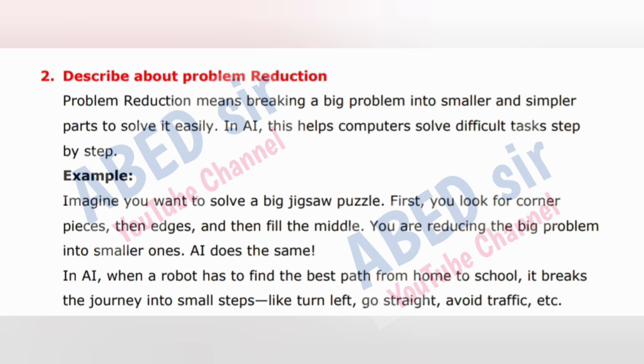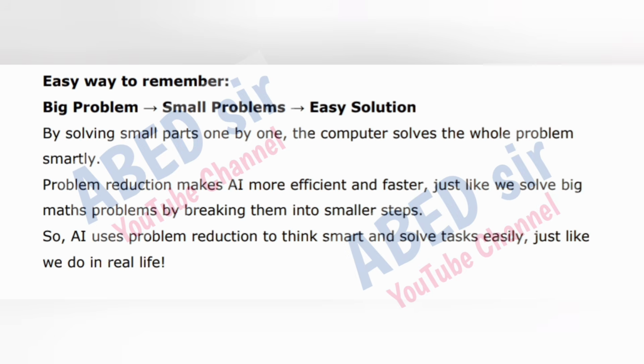AI does the same. In AI, when a robot has to find the best path from home to school, it breaks the journey into small steps like turn left, go straight, avoid traffic, etc. Easy way to remember: big problem, small problems, easy solution.